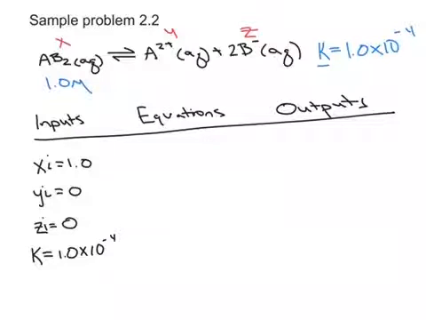To determine what our outputs are, look at what the question's asking for. It's asking for the concentration of A2+ at equilibrium. So we could work in the concentrations of the other two as a factor of that.